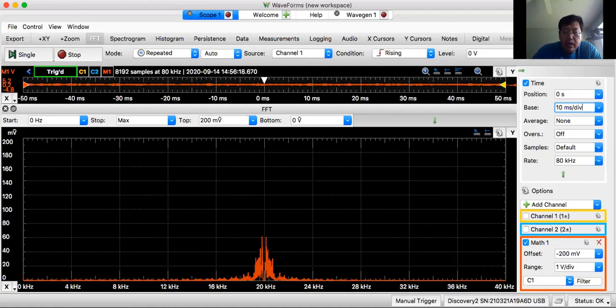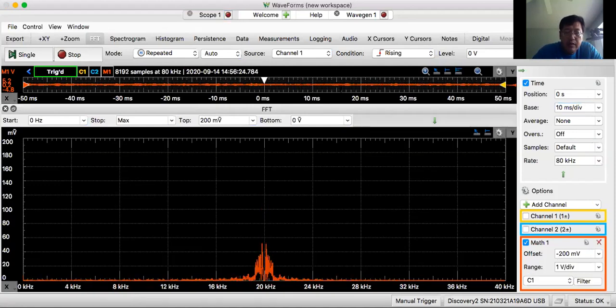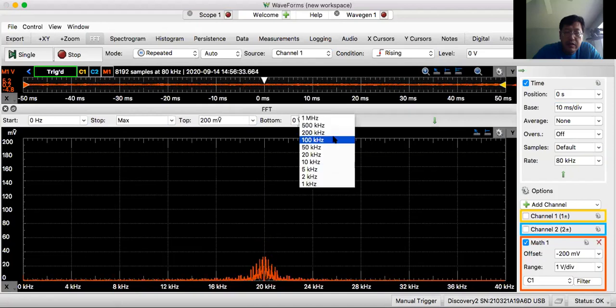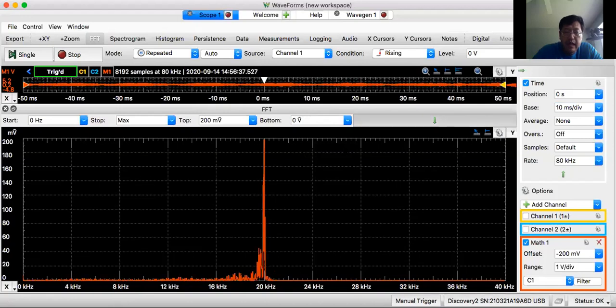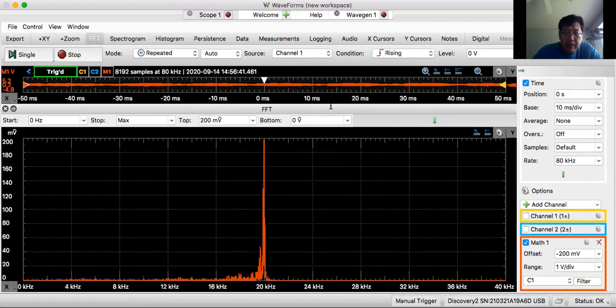So let's do the SSB. Now we go to the same filter. Actually, same filter. All we need is to increase this to, for example, 50K. Oh, yeah, that will be DSB. Actually, I did the opposite. I should keep the upper side. So this is 20.1K.